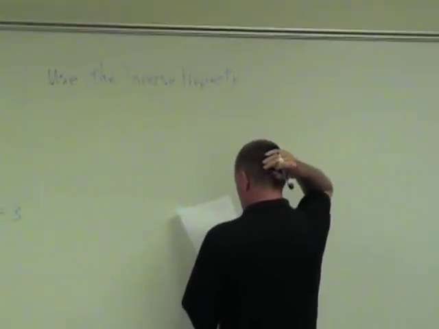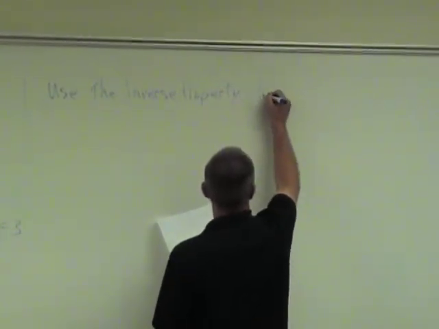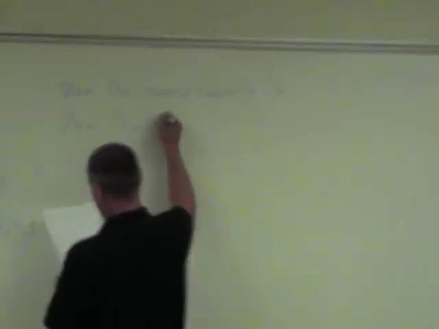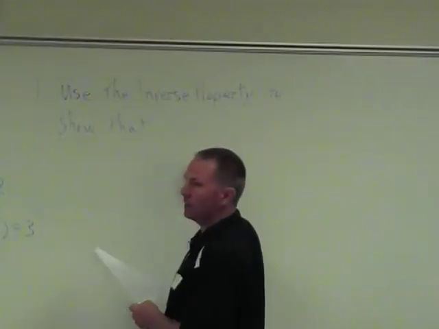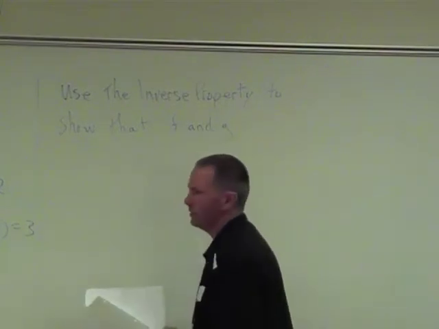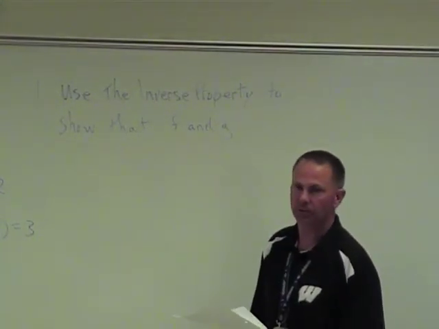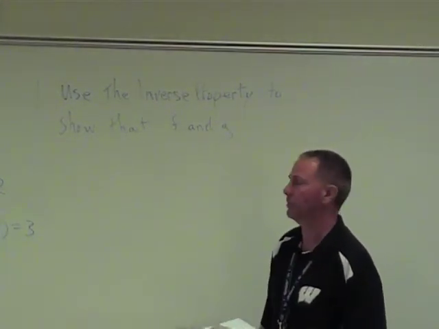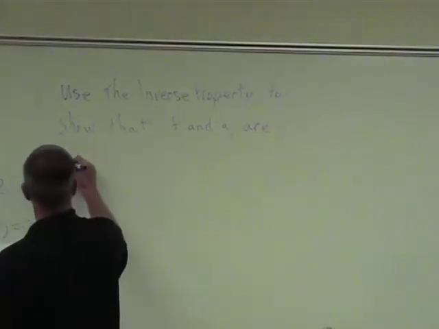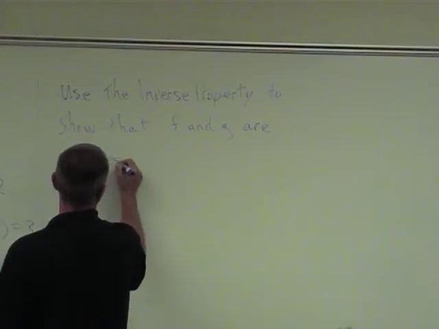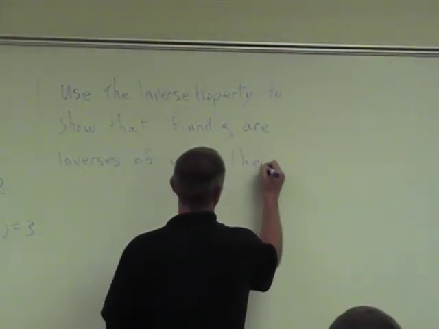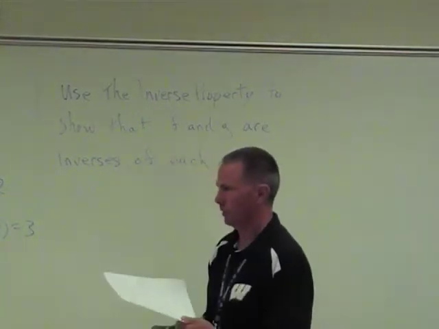Use the inverse function property to show that f and g are inverses of each other. And now you have the last section coming back to bite you if you didn't grasp it. F and g. We're going to do combinations of functions. Show that f and g are inverses of each other.